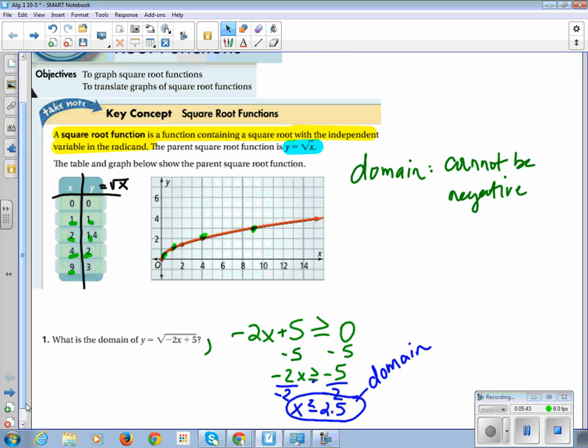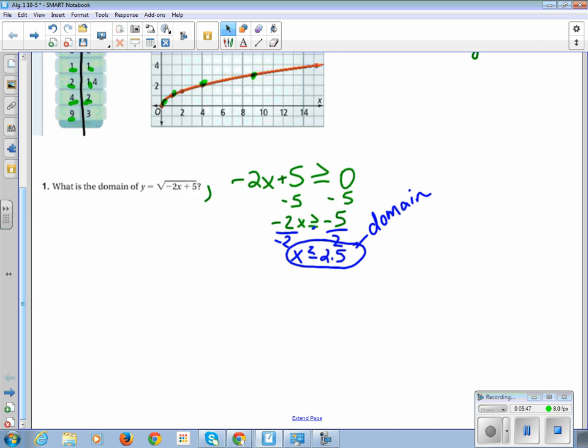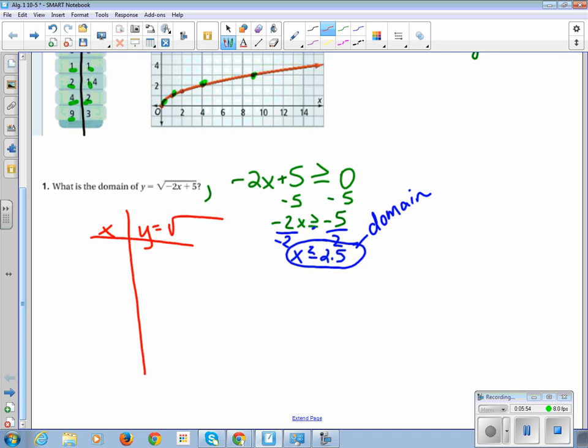And just to illustrate the point, let's do a little XY table to see what happens. So if y equals the square root of negative 2x plus 5, I'm going to multiply by negative 2, add 5, and take the square root. So when I do that to 0, so in for x, I'm going to put 0. Negative 2 times 0 is 0.